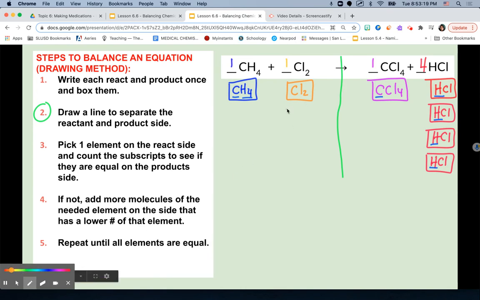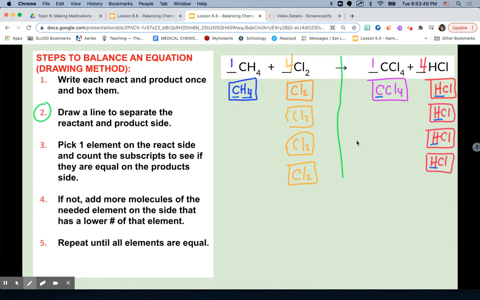Therefore, I'm going to keep adding Cl's until they total up to 8. So Cl2 plus 2 is 4, 6, 8. Excuse the messiness of the boxes. So 2, 4, 6, 8. How many times did I draw each box? Well, I drew it 4 times.